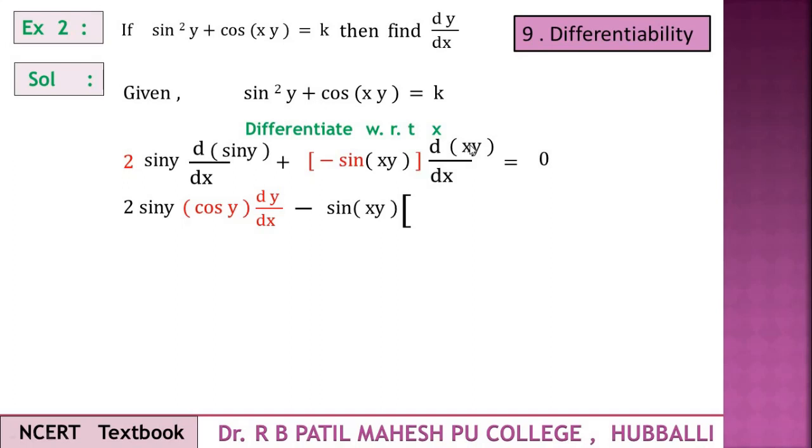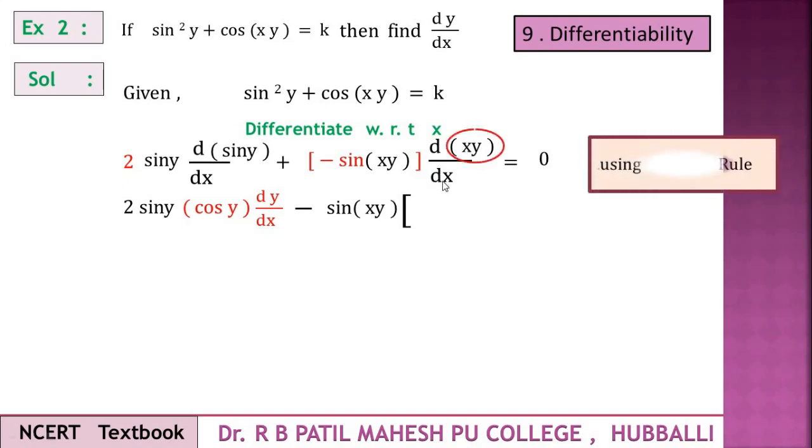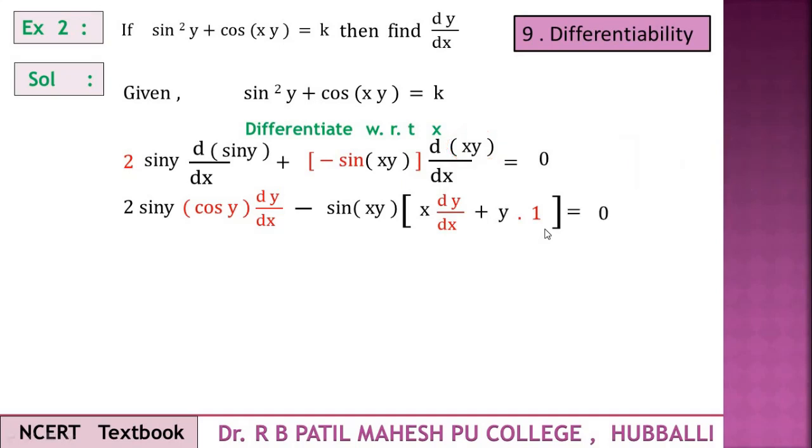You know the product rule: keep one term as it is, x, second term derivative, that is y, dy by dx, plus y as it is, x variable derivative is 1. Complete the bracket, that is equal to 0, right side as it is. Further simplifying, 2 sine y cos y: the function variable is the same y, and it is the product of sine and cos.